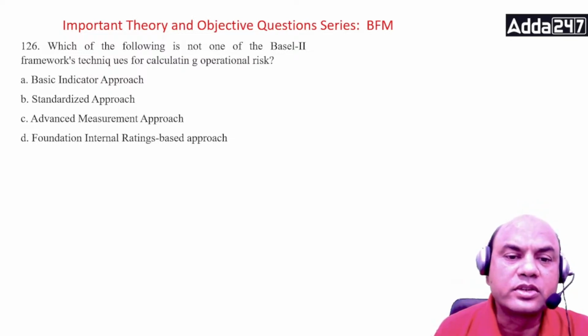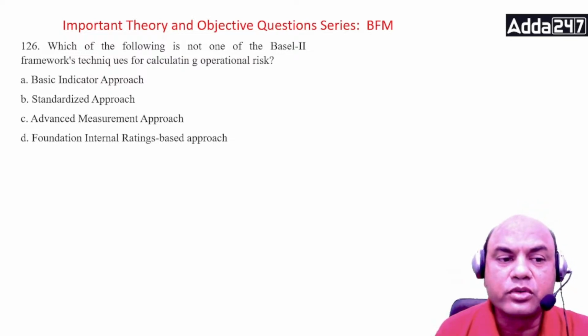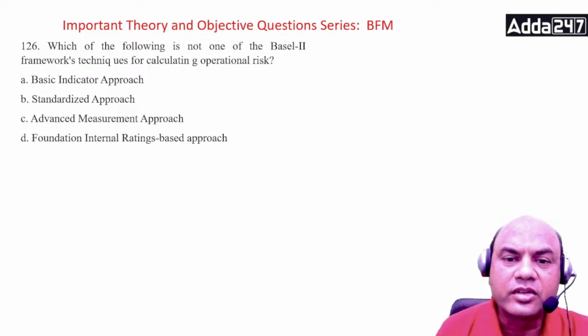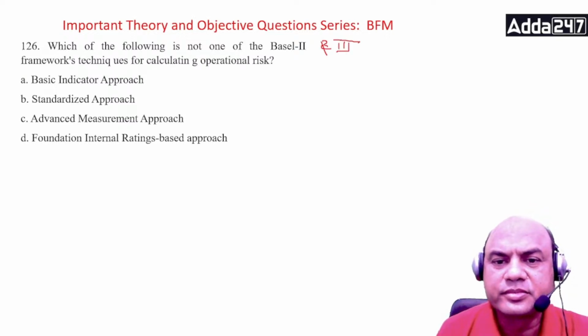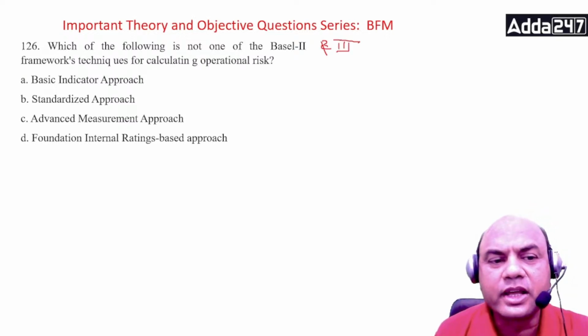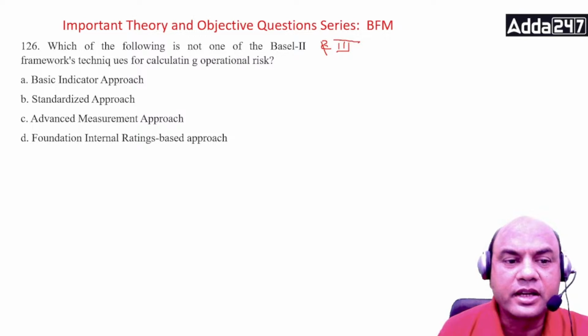Which of the following is not one of the Basel 2 framework's techniques for calculating operations risk? You can consider Basel 2 and 3 both, with no change in this. Basic indicator approach, standardized approach, advanced measurement approach, and FIRB, foundation internal rating based approach.